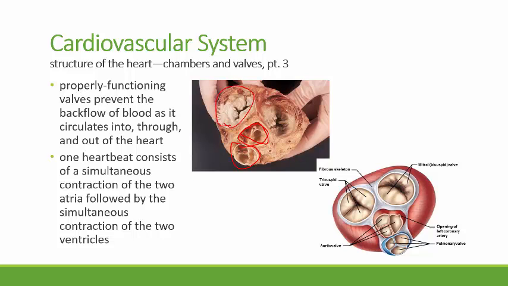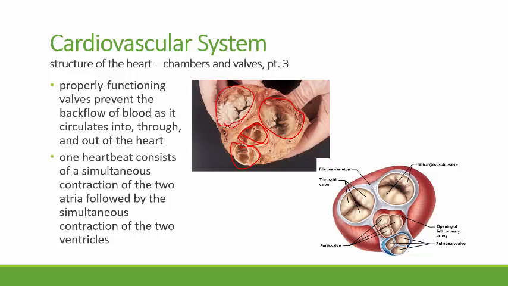And these valves allow blood to move from the atria at the top of the heart down into the ventricles in the lower part of the heart. And they will shut as the atria begin to relax and the ventricles begin to pressurize. They will close to prevent any blood from leaving the ventricles and going back into the atria.